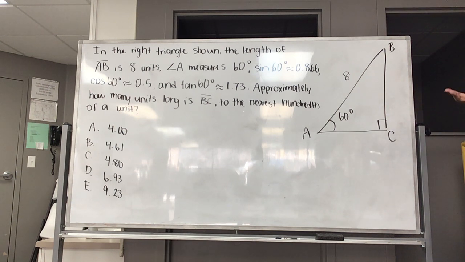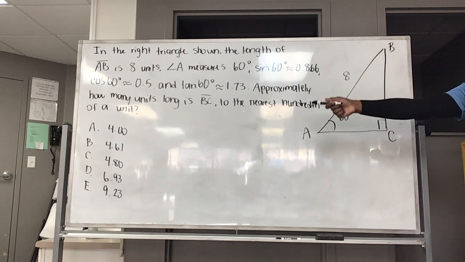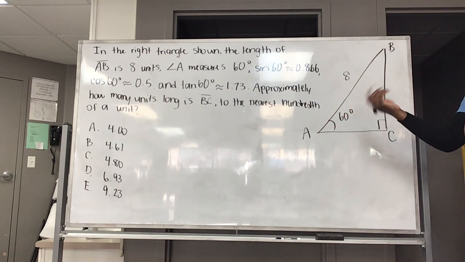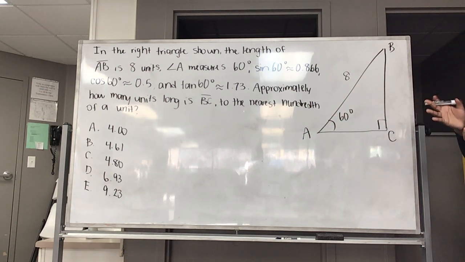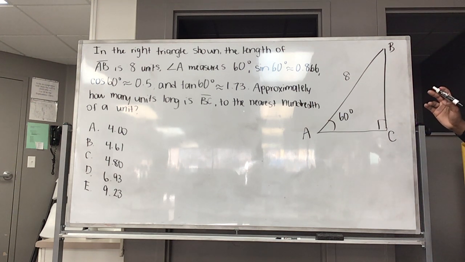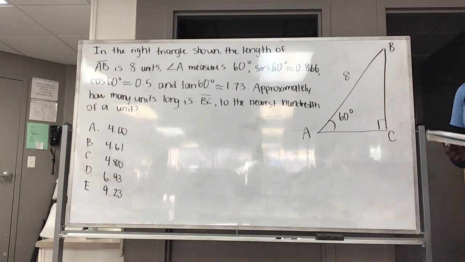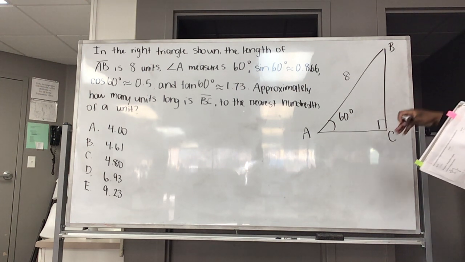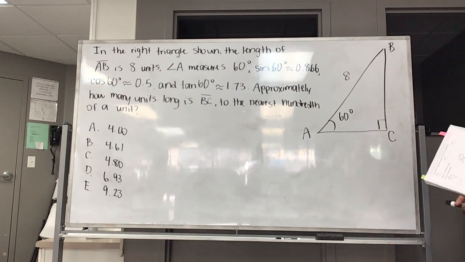So approximately how many units long is side length BC to the nearest hundredth of a unit? A is 4, B is 4.61, C is 4.8, D is 6.93, and E is 9.23. So I'm going to have you solve this and then choose an answer option.